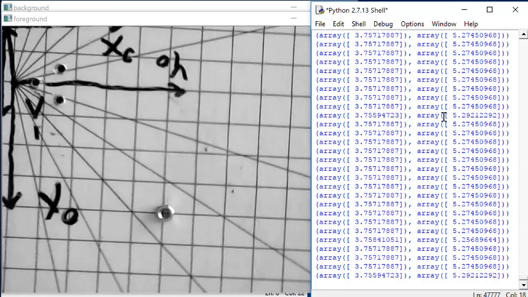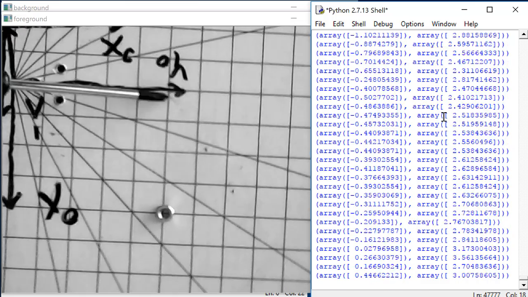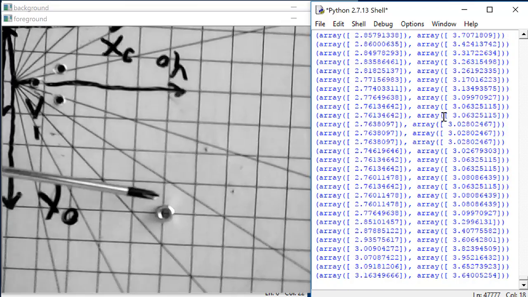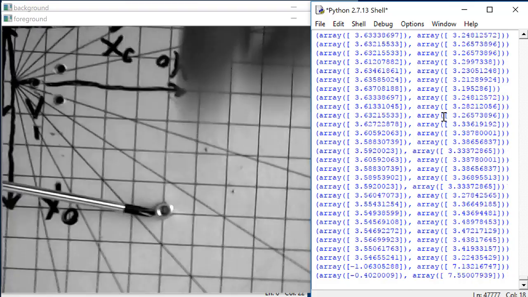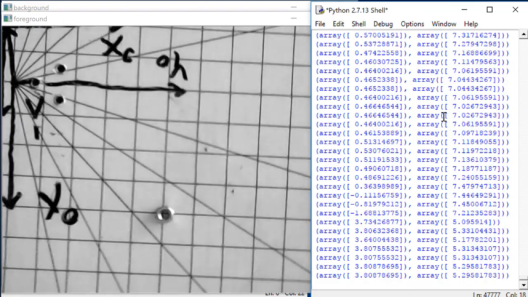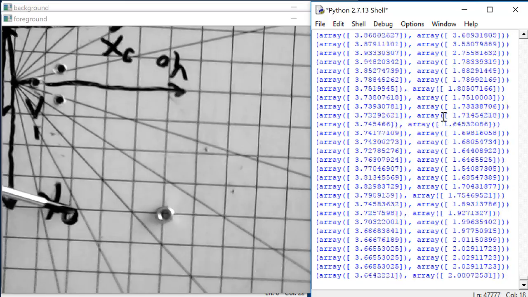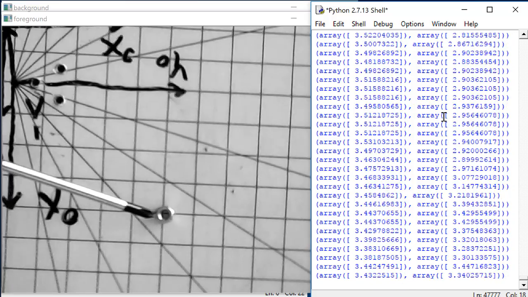Now that we're using base frame coordinates, we can tell if this is correct just by using the grid on the board. The X location in the base frame is 1, 2, 3, 4 in X. So we're off by about 0.2 in X, and the position in Y is 1, 2, 3, 4, 5.